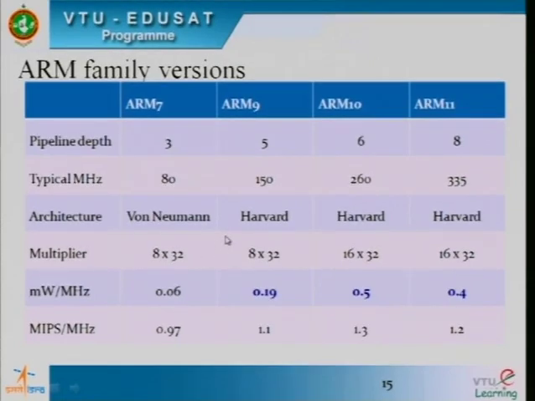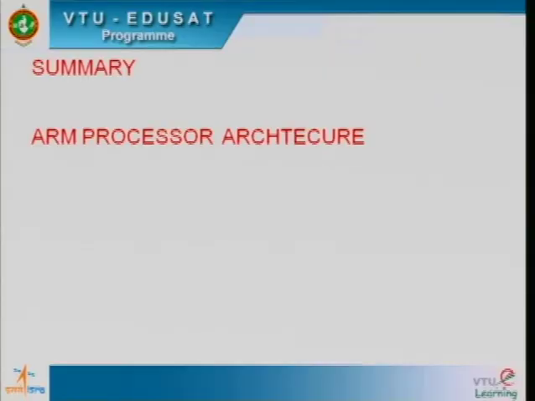So with this, in today's session we have discussed the ARM architecture and the various units present inside the ARM processor. We have also looked at the data flow model of the ARM processor and the instruction path.